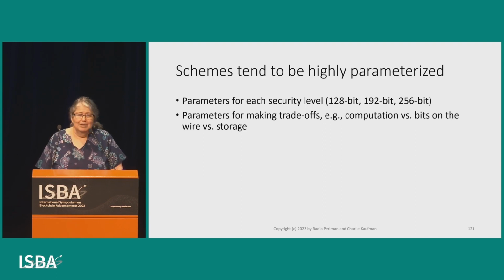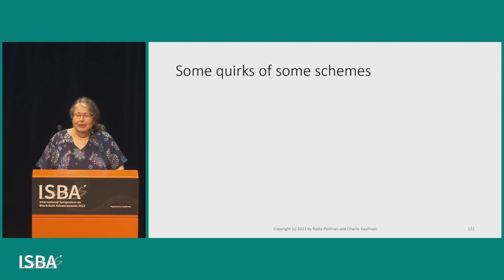So the schemes are hard to read, and they're full of parameters. There are parameters for each security level, and there are also parameters for making trade-offs, where you might decide to make a time-space trade-off so you can do the algorithm in different ways. Now, some quirks of some of the schemes are bizarre.